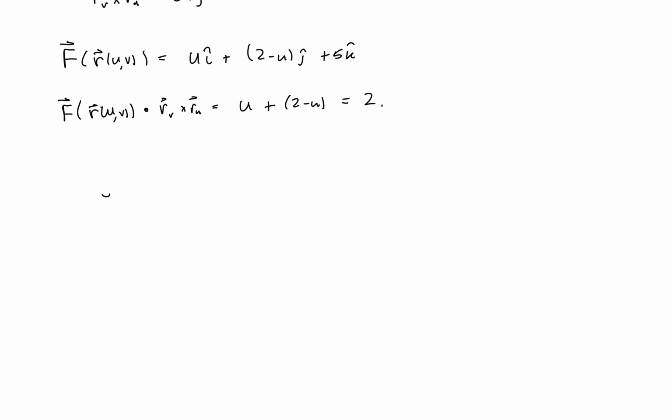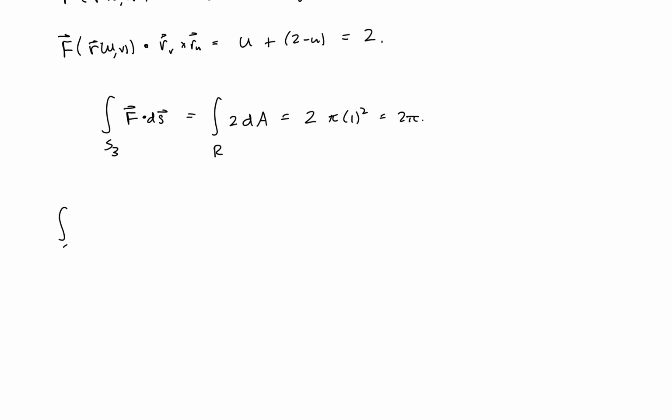And so this ends up being a nice, easy integral to do. I've just got the integral of F dot dS, and this is over that region R of 2 dA now. And since that region is just a circle of radius 1, this gives me 2 pi times 1 squared, which is 2 pi.